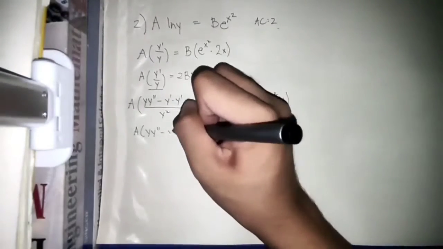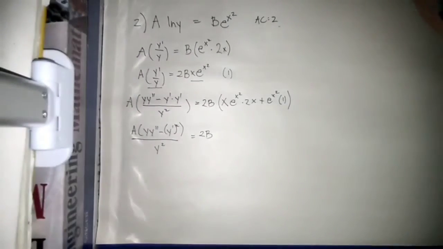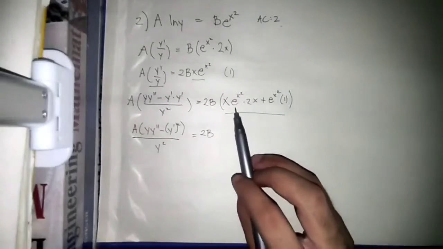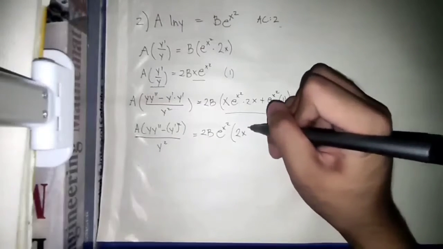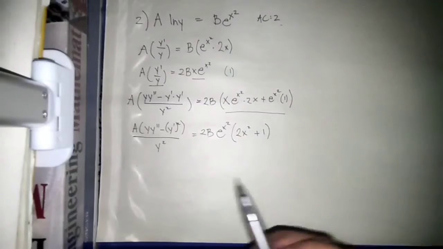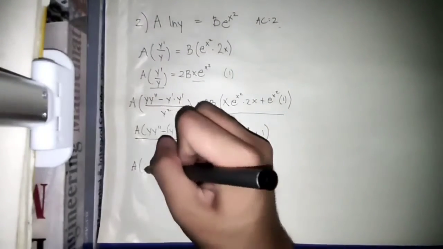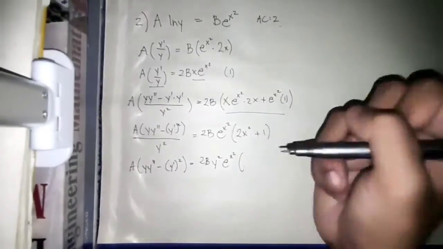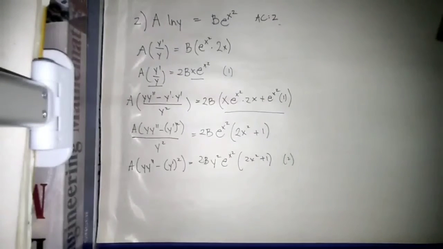By simplifying, in this quantity, we can factor e raised to x squared, leaving us 2x squared plus 1. Let's multiply this denominator to the right side. Now, let's label this equation as number 2.